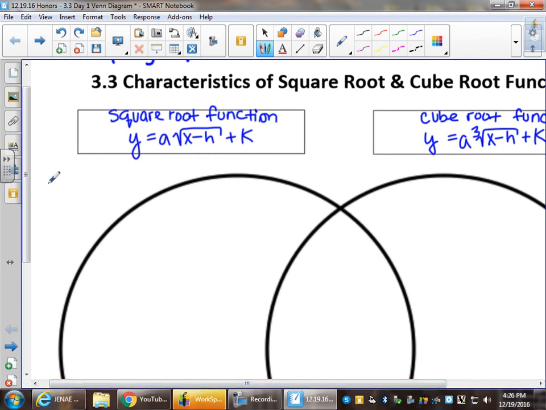The graph of a square root function either looks like a starting point here and then a curve that's increasing, or a curve that decreases. Square root functions are the inverse of a quadratic function.